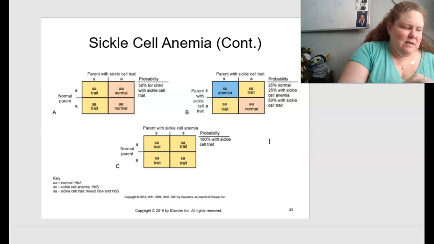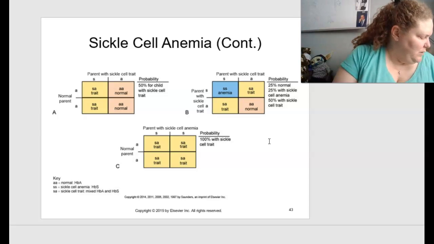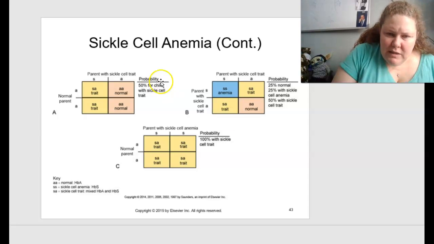Looking at the genetics of sickle cell anemia, this is figure 10.18. And you can see doing your Punnett squares like we have before. When we have a parent with sickle cell trait and a normal parent, then you would get a 50% chance for the child with sickle cell trait. If you have a parent with sickle cell anemia itself and a normal parent, then you have 100% sickle cell trait.